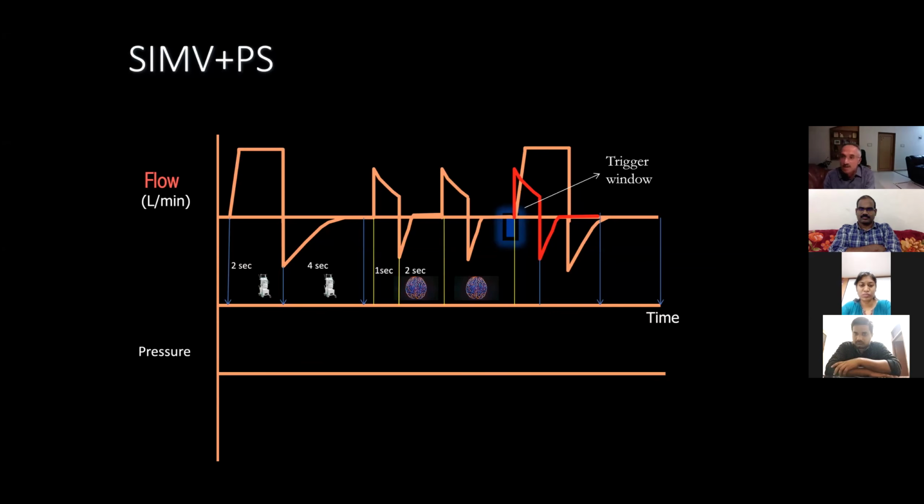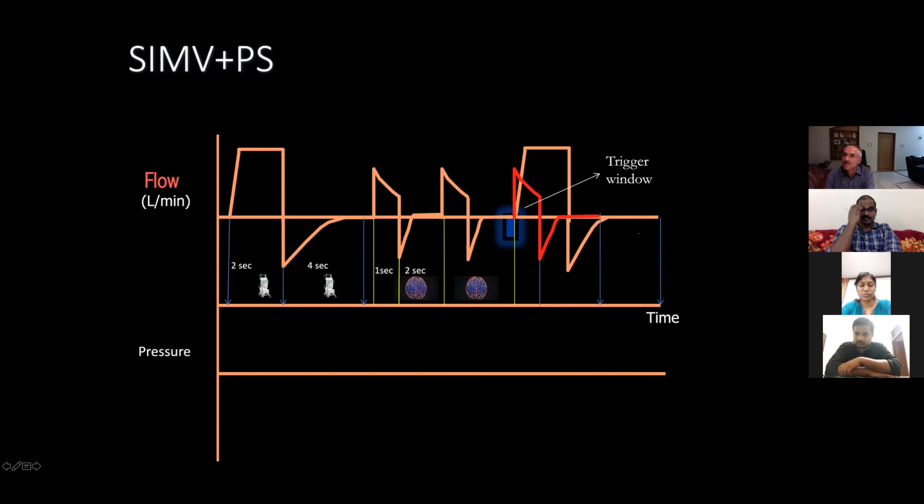You may say it is synchronized. Yes, it is synchronized to his breathing. When it triggers, only then the mandatory breath comes. But the inspiratory time and expiratory time don't sync with his physiological inspiratory and expiratory time. Because the last 2 breaths he was breathing at 1 second, 1 second, 2 seconds. Suddenly, if you say breathe at 2 seconds, 4 seconds, he can't.